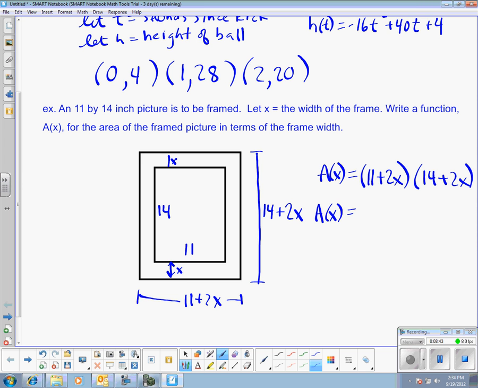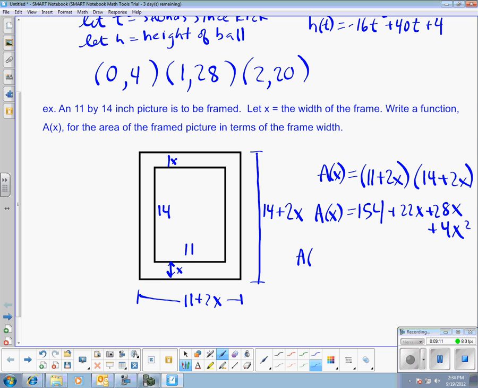All right, so 11 times 14 is 154. Should have been able to do that in my head. I'm not that good at math. 154 plus 22x plus 28x plus 4x squared.